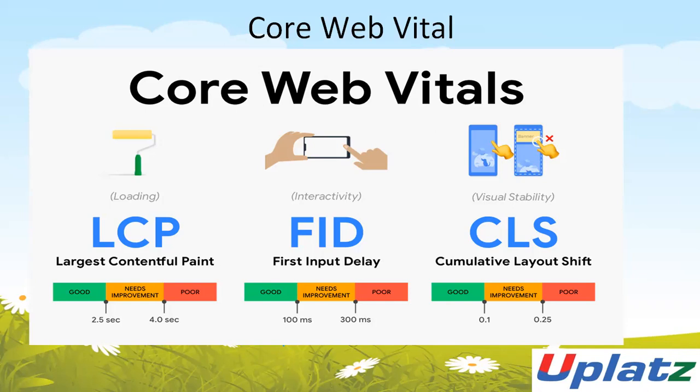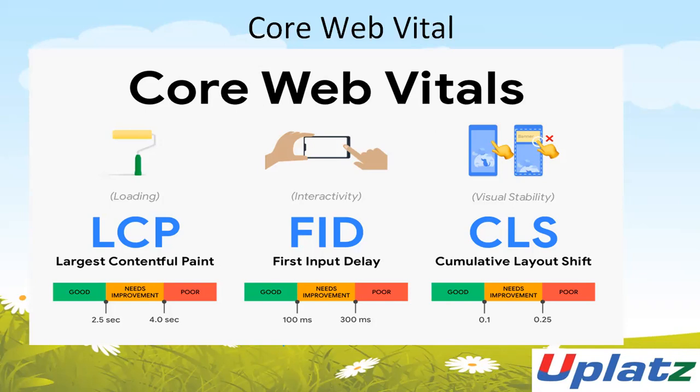Core Web Vitals is the combination of three important things: LCP, FID, and CLS. First, Largest Contentful Paint. This is the most important part because the entire theory of your website depends on Largest Contentful Paint. Second is First Input Delay. Third is Cumulative Layout Shift.